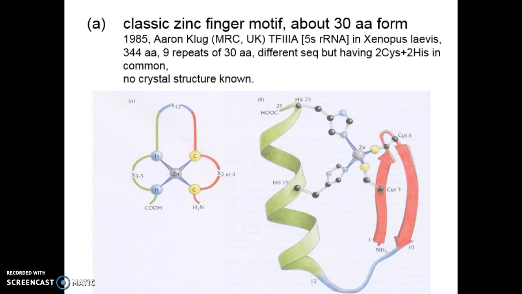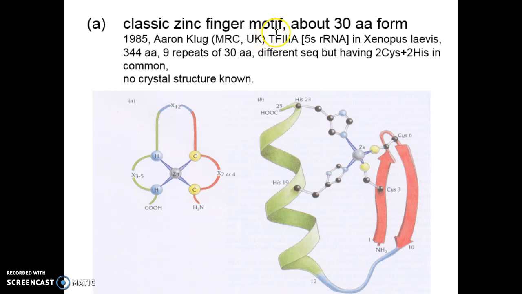Several thousand different transcription factors contain zinc as an essential element of their DNA binding domain. The classic zinc finger motif was first found in 1985 by Aaron Klug at the MRC in the United Kingdom.